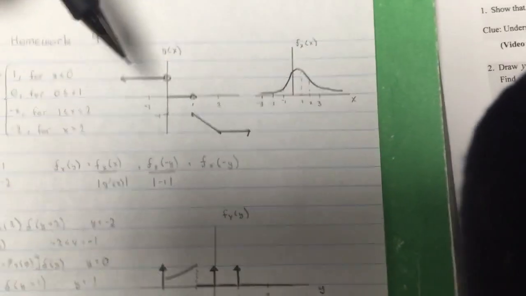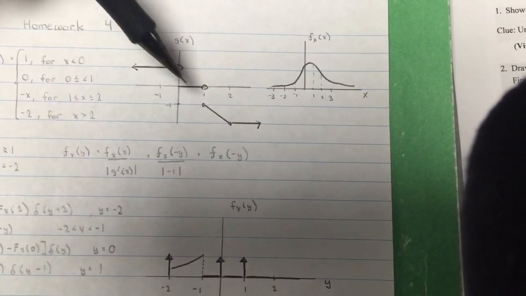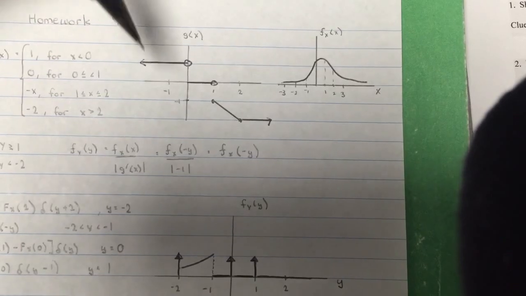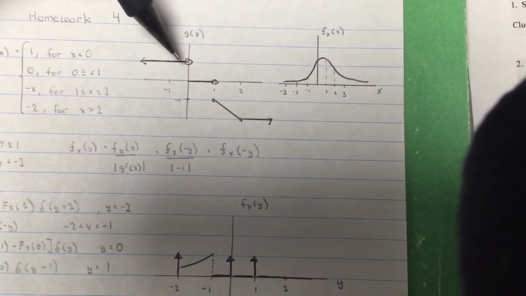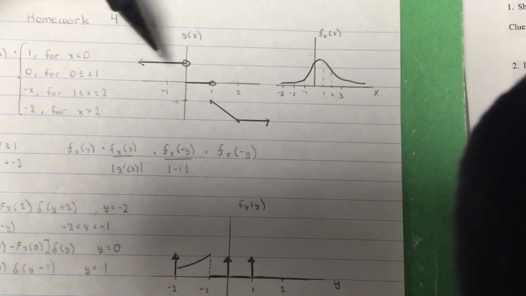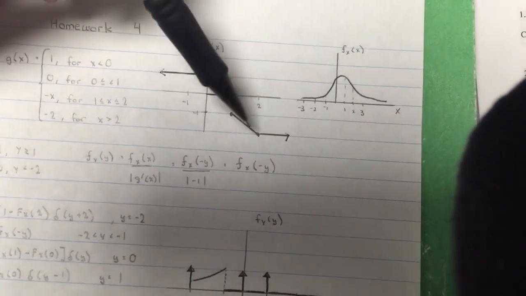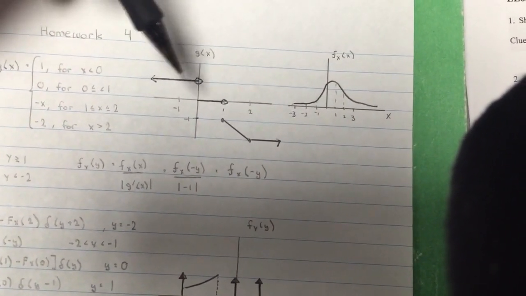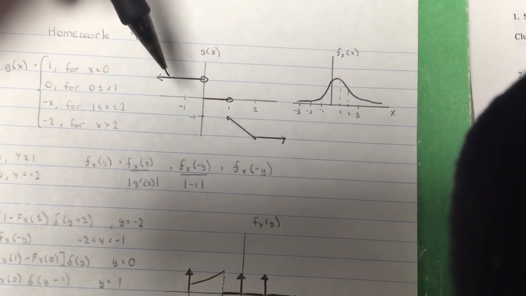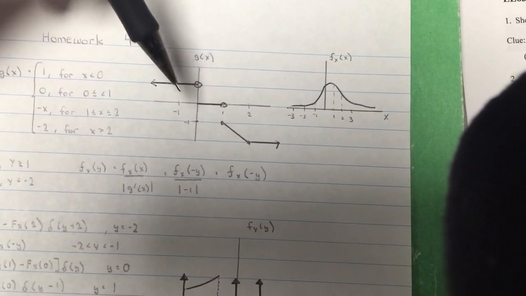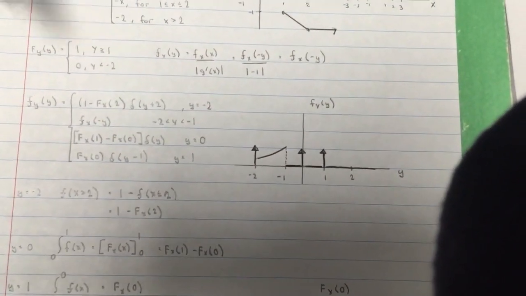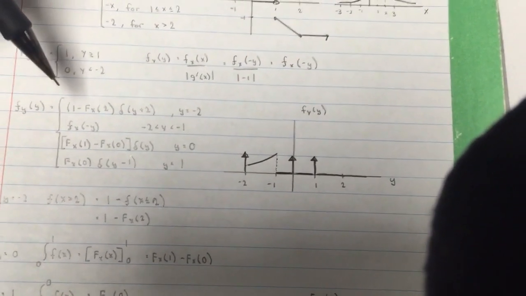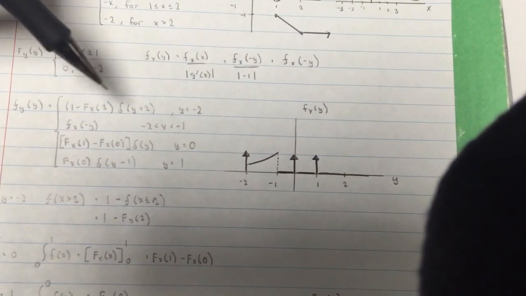Just looking at this graph, we know that there are 3 impulses, because if we flip this graph to the side, we see an impulse at 1, an impulse at 0, and an impulse at negative 2, where x stays constant. So the corresponding impulses for small f of y are at y equals negative 2, y equals 0, and y equals 1.